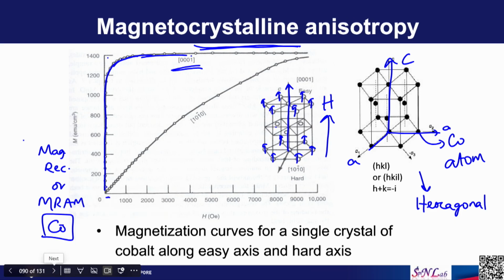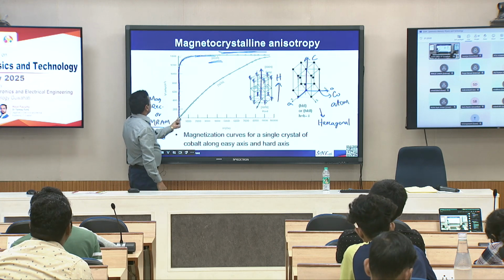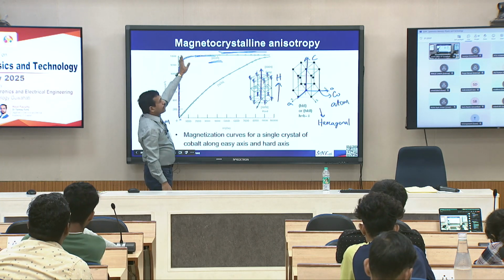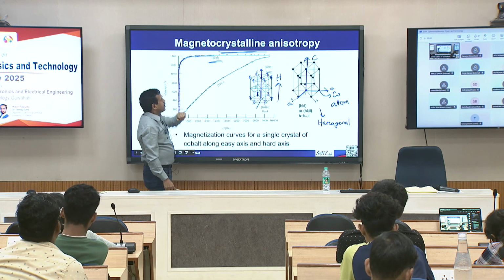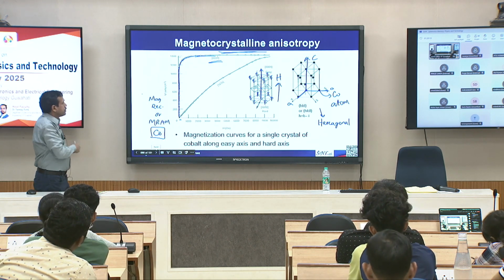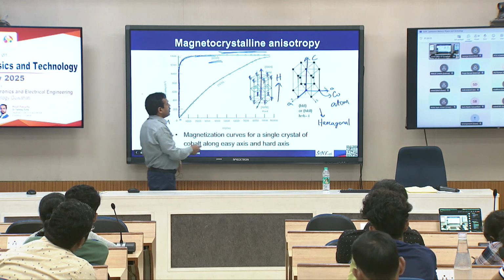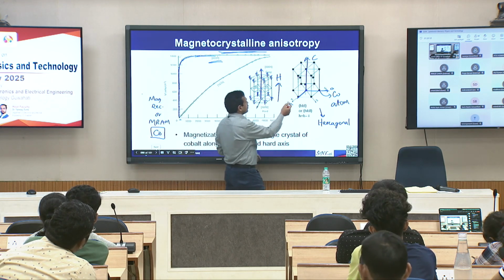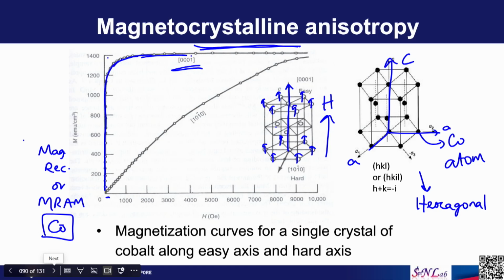So, you can see that this is the easy direction, meaning with a very small magnetic field you can reach high magnetization values. Now, let us try to apply a magnetic field along the hard direction.